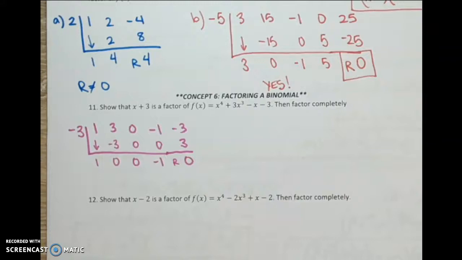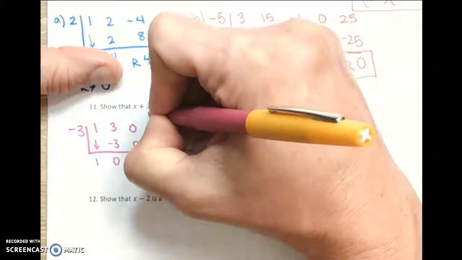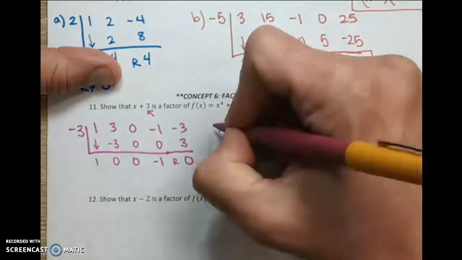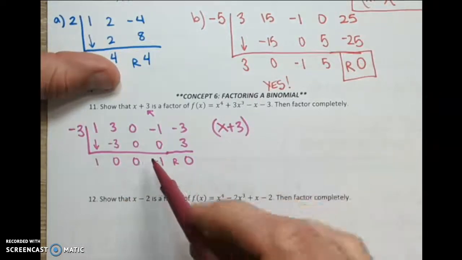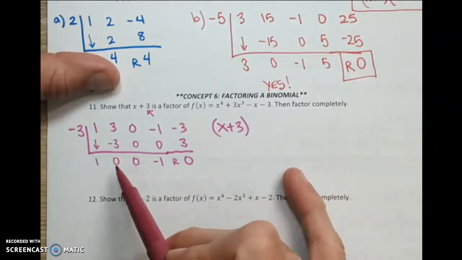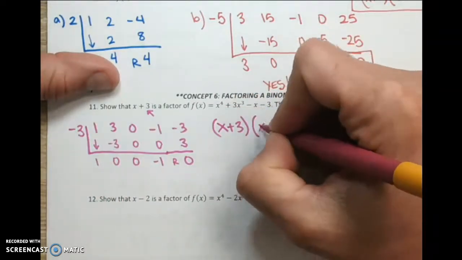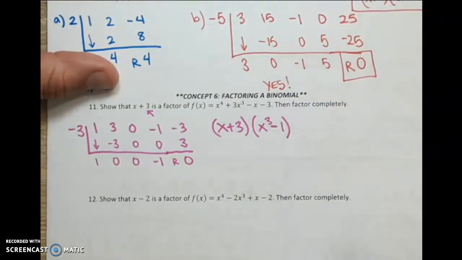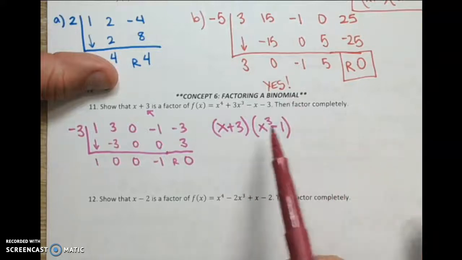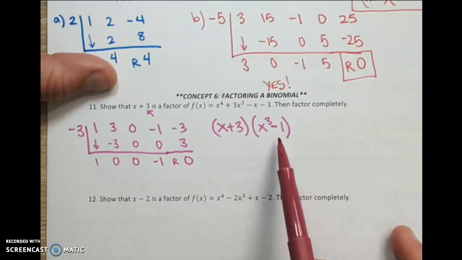Okay. What are my factors then? Well, the initial factor x plus 3, which was initially given to us. And what's left over? Well, again, I go backwards. So my constant's negative 1. I get 0x squared, and then 1x cubed, or just x cubed minus 1. And I would always look to factor completely, and actually this one is a difference of cubes.